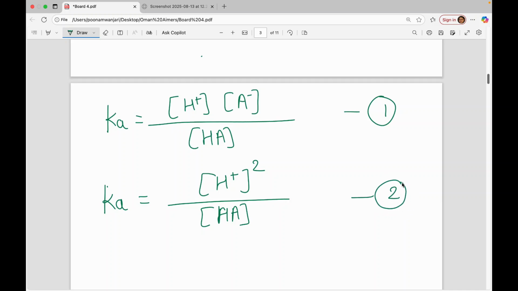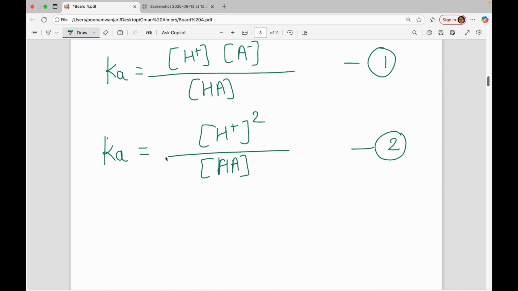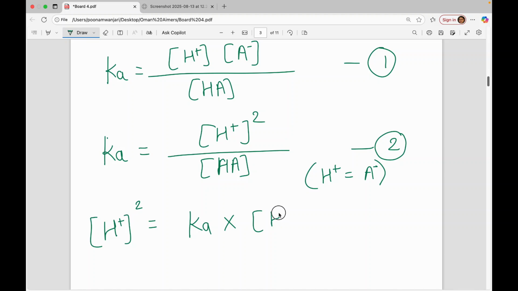By using this equation, you can calculate dissociation constant. Now just rearranging, as student you should know concentration of H plus is considered equal to concentration of A minus. Now we need to rearrange this equation. H plus square is equal to dissociation constant into concentration of an acid.